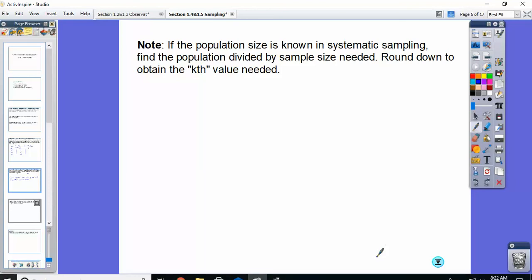If we know our population size, we can get our K by taking the population divided by the sample size needed. So in other words, if there were 200 bottles being produced in a day, and I want to get a sample of 25, you simply divide those, and that tells me that I need every 8th bottle. So that would be my K value.